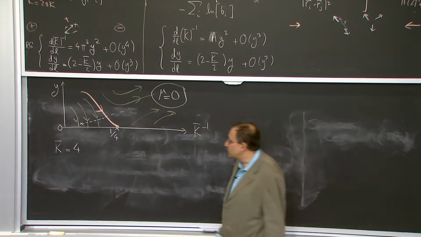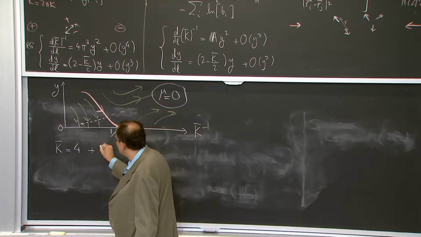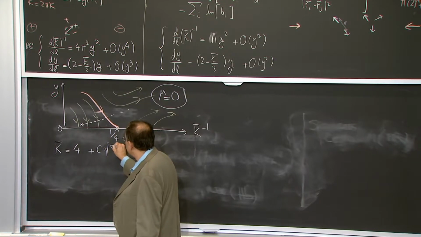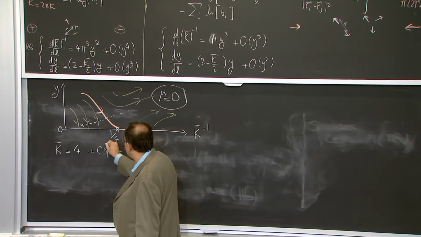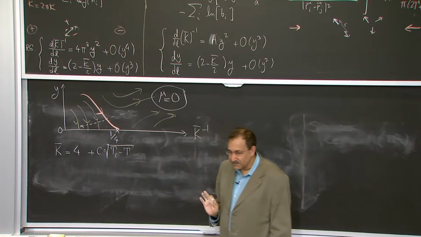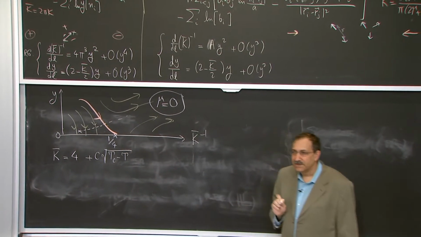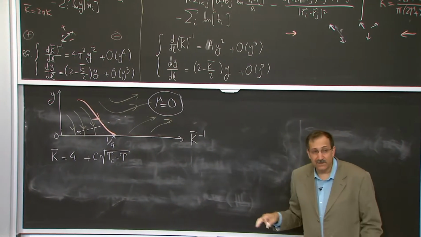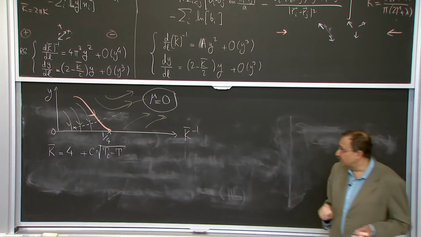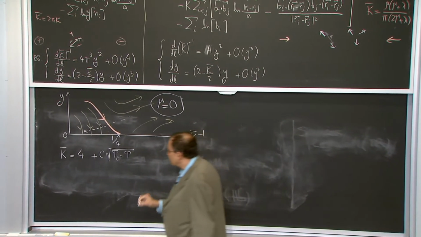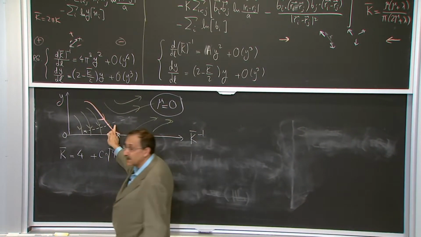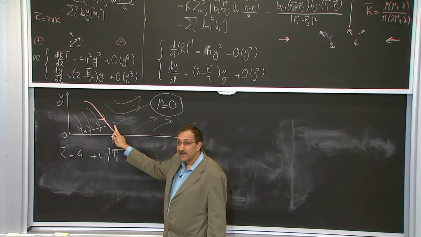But that it approaches that universal value with a square root singularity. And we saw that this was experimentally observed in superfluid films. I also said that on the other side, you have finite correlations.